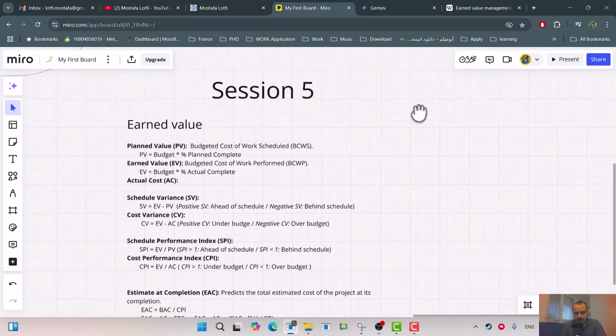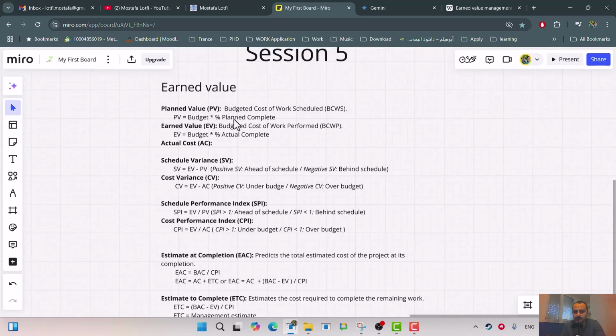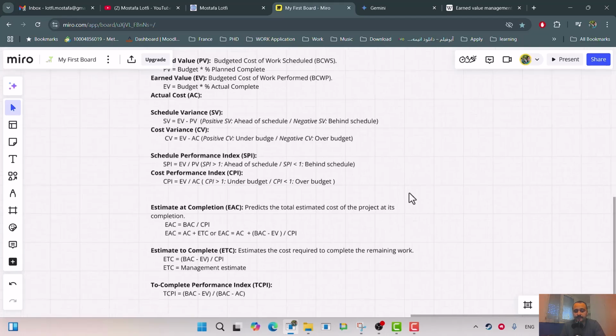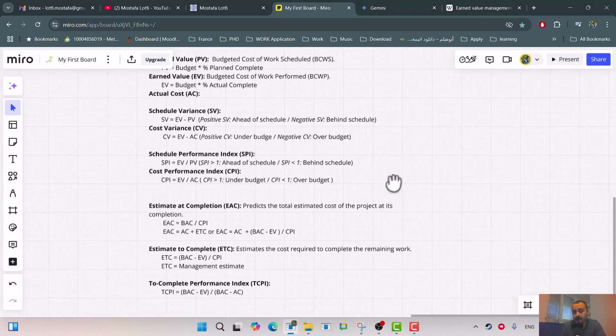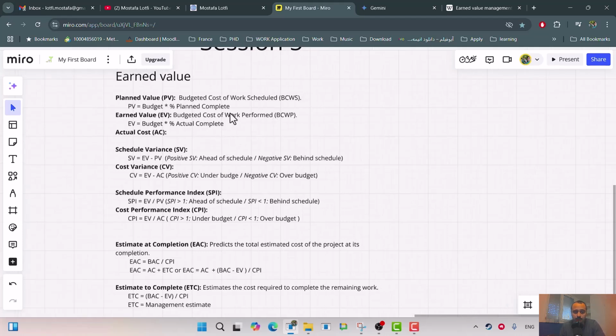We are going to review the different variables that exist and also the KPIs of the earned value technique. I don't want to just read the formula and give you a description. This is something you can do on your side as well.